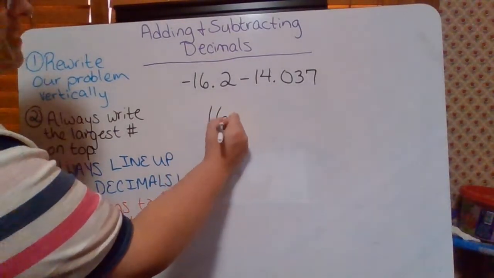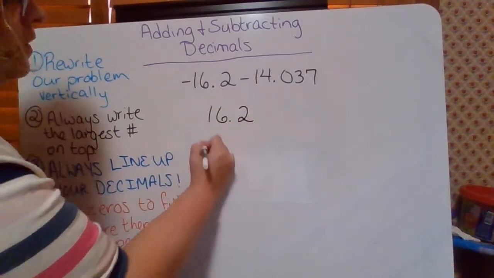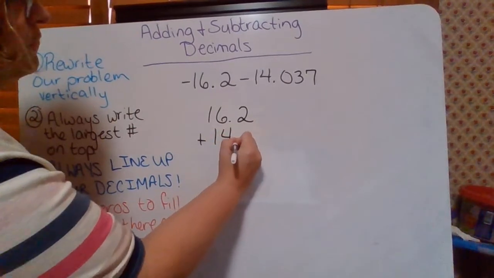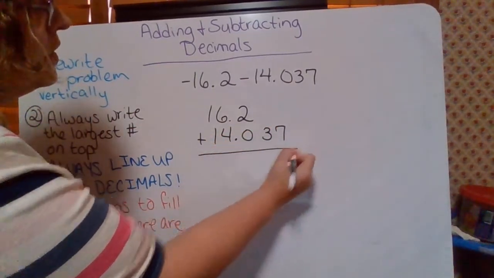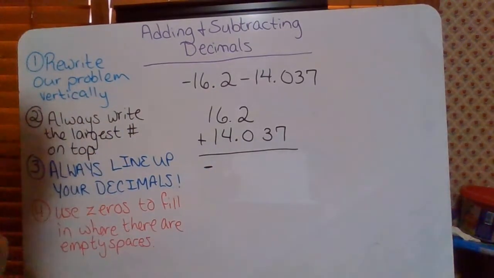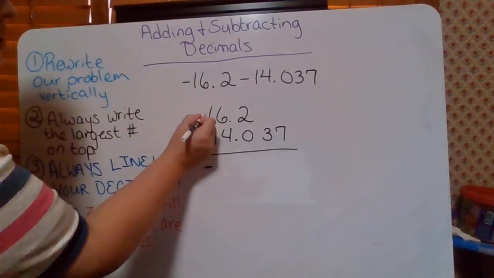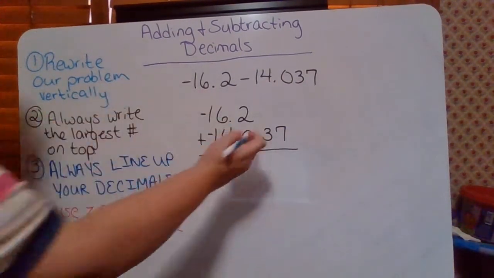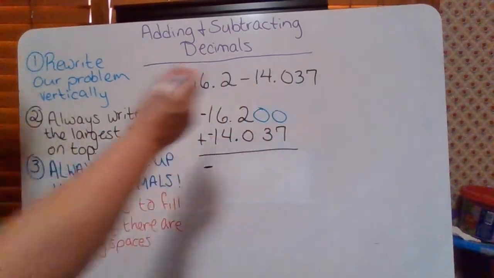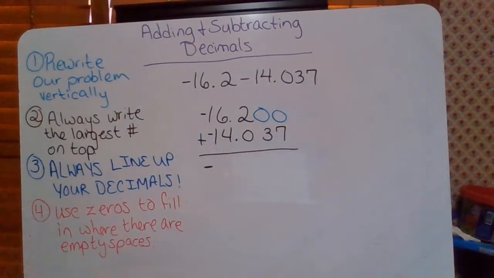So I have 16.2 plus 14.037, but my answer is going to be negative. Now, if you want to, you could do this, or you could leave it out. Doesn't really matter. And then you've got your zeros that you need to add in.